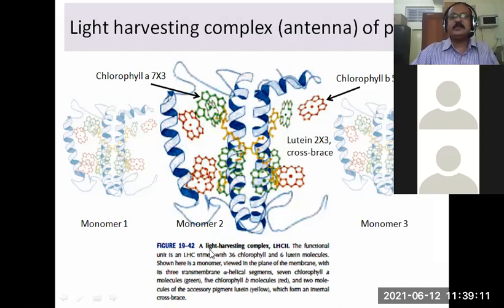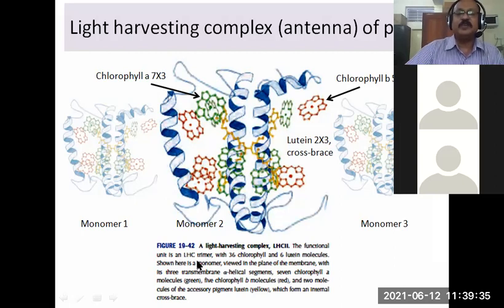So shall I read this description which is written here? Light harvesting complex, LHC. The functional unit is a trimer. What is the meaning of a functional unit? Unless the three monomers are put together, this complex will not function efficiently. It cannot function.